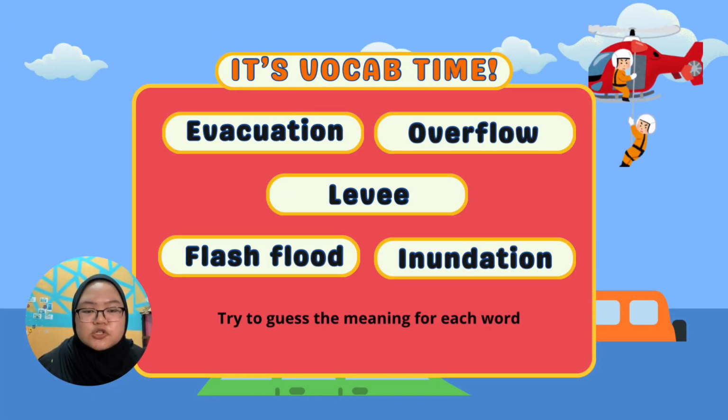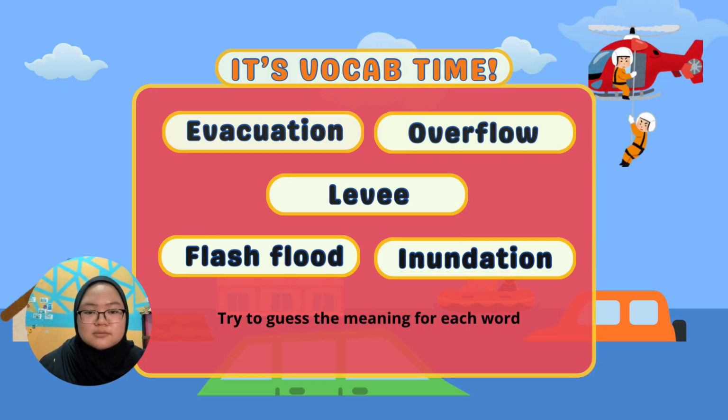Afterwards, the teacher will project slides with a few vocabulary words related to floods, and the students will try to guess the meaning of each word first before they use other sources to find the real meaning.